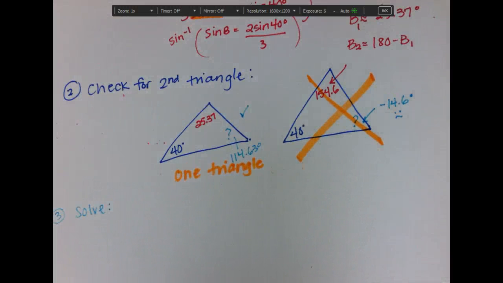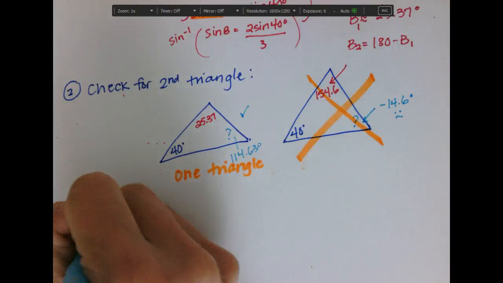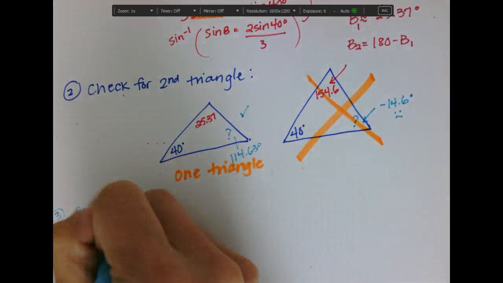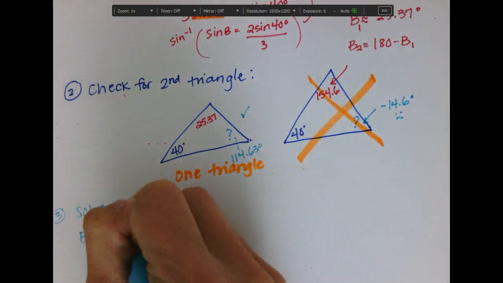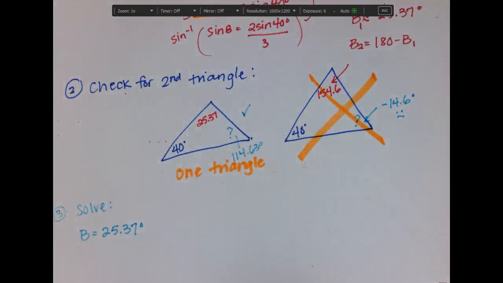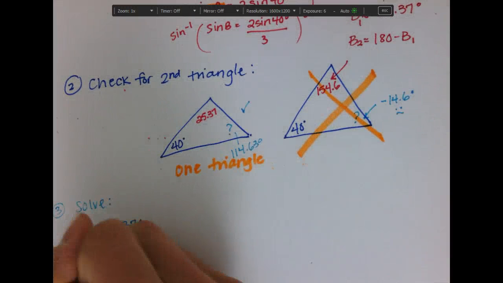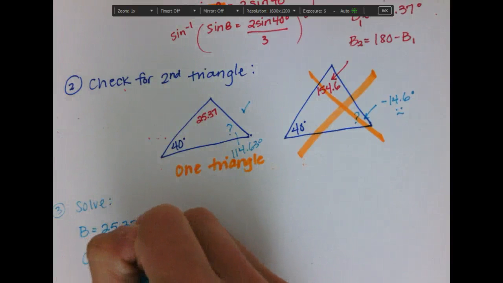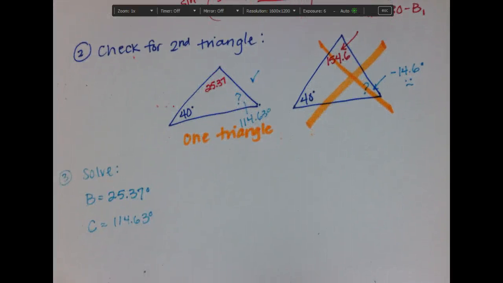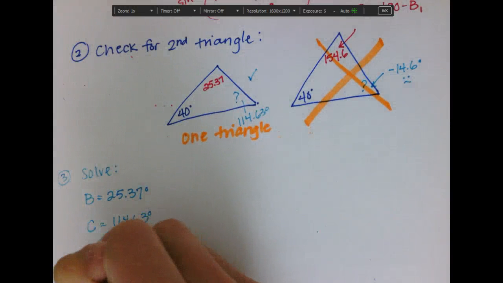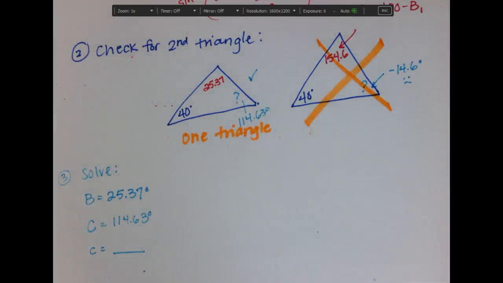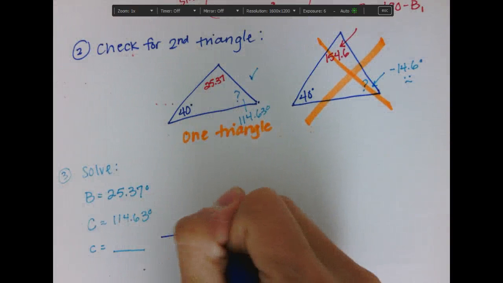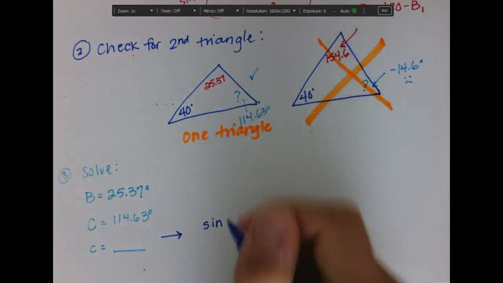Remember, we were trying to find angle B, which we know has to be 25.37 because the other option doesn't produce a triangle. We also needed to solve for angle C, which we found was 114.63 degrees. The last piece of information that we needed was side length c. In order to solve for that final side, we're going to once again use the law of sines.